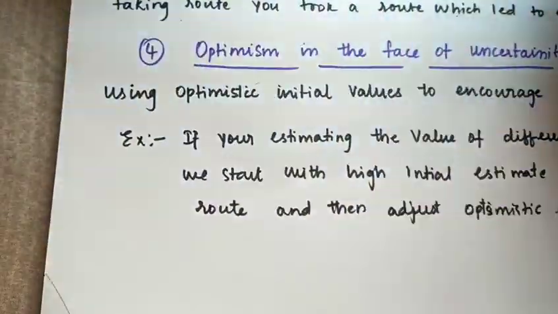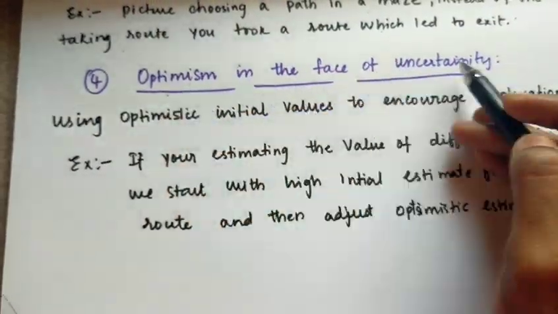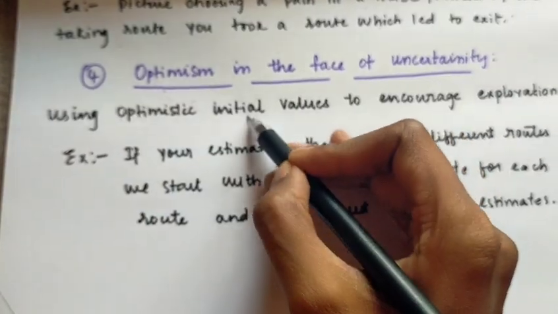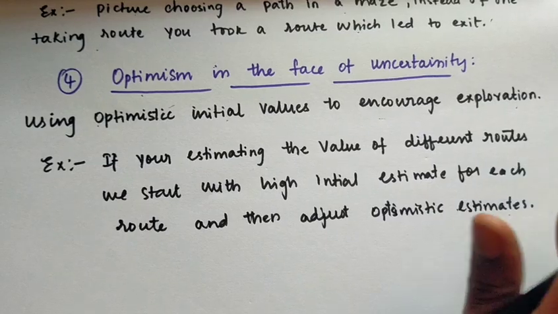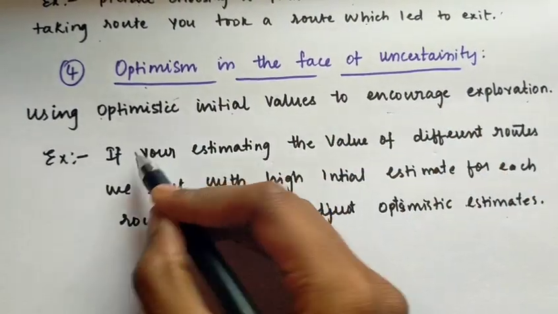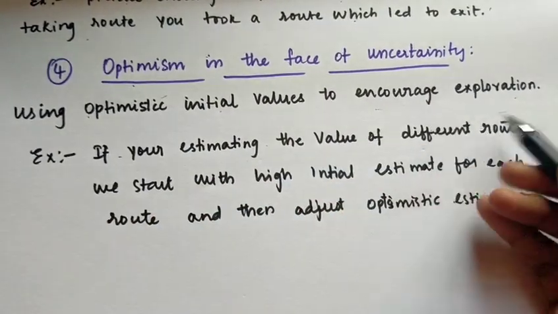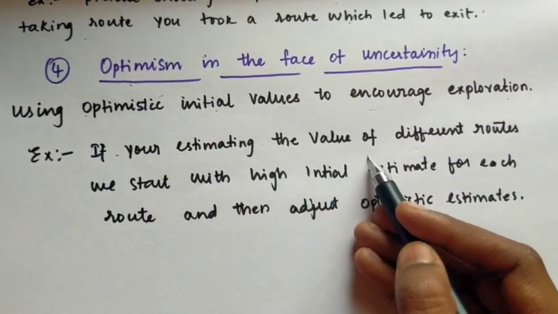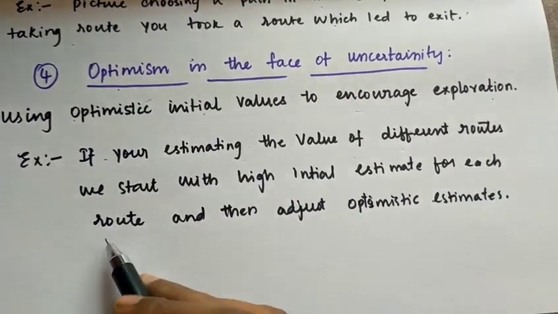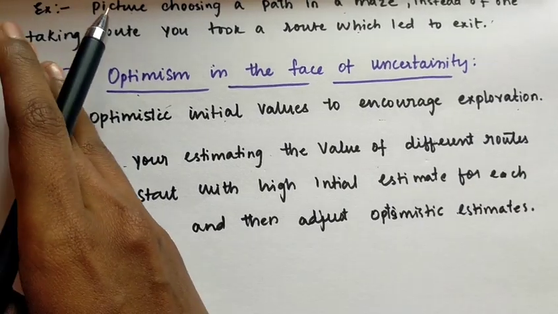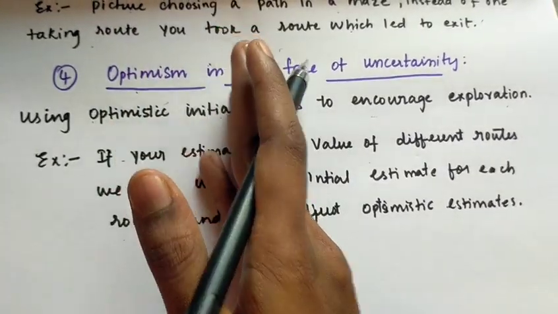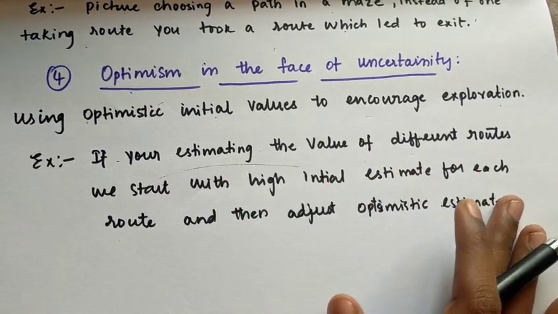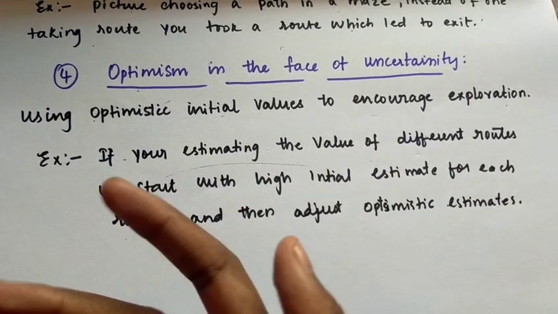The next one is optimism in the face of uncertainty. We're using optimistic initial values to encourage exploration. Example again: if you're estimating the value of different routes, say there are 4 different routes, we start with a high initial estimate for each route. Suppose you're going to Pune, Goa, Bangalore and some other place.